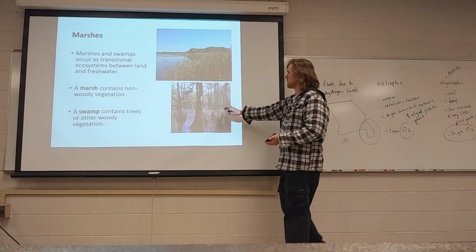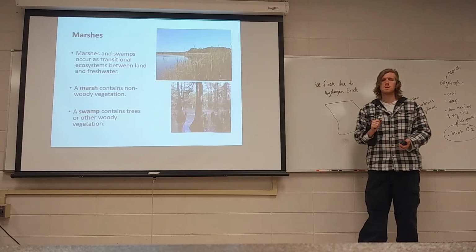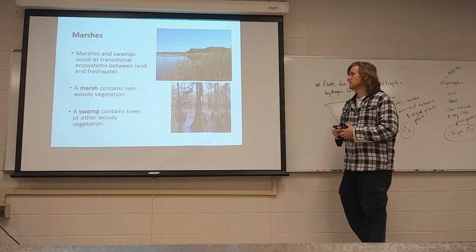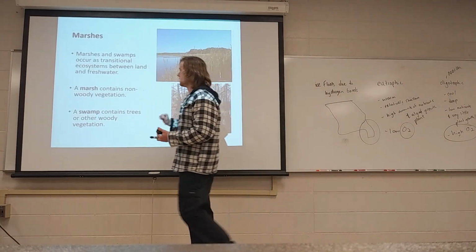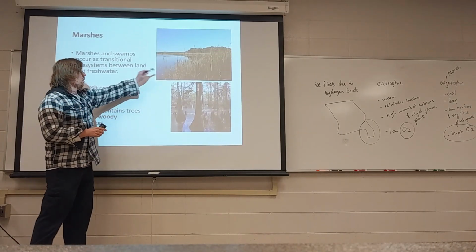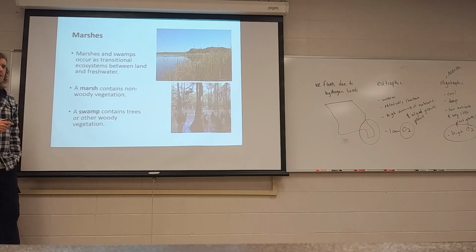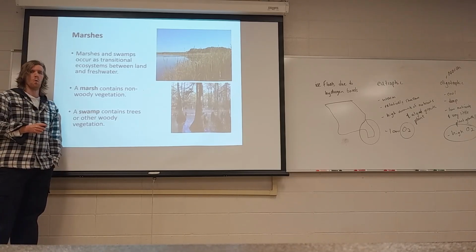So southeastern Missouri used to have cypress swamps because it was dominated by bald cypress trees. And so swamp has woody vegetation like trees. Marshes have non-woody vegetation like cattails and things of that nature. Both of them, again, are transitional ecosystems at the junction of land and water.